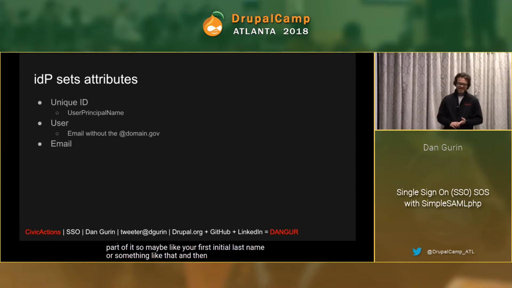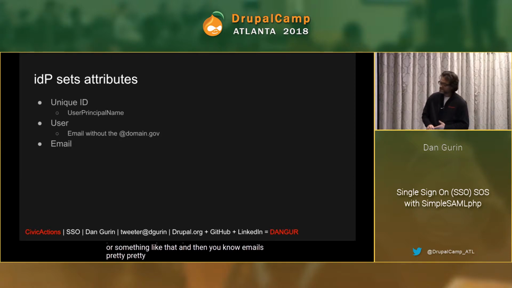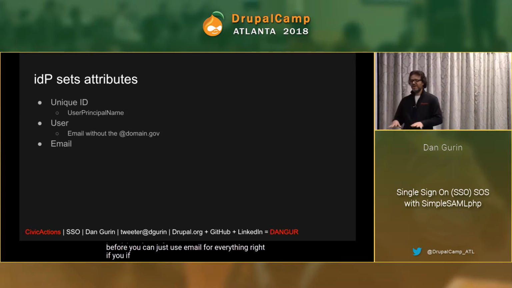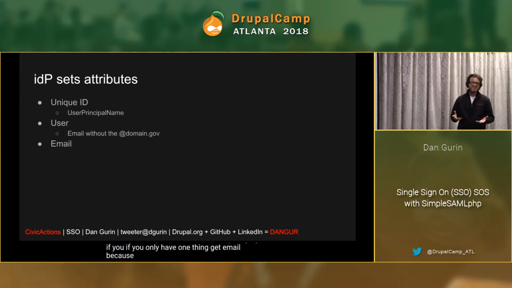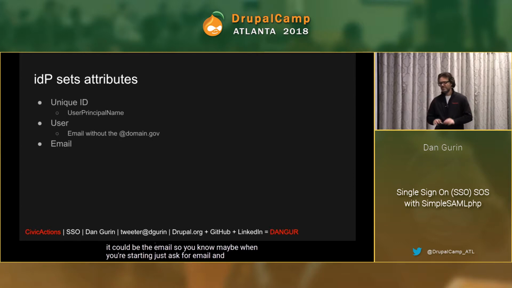And then email's pretty straightforward. I think I said before, you can just use email for everything, right? If you only have one thing, get email, because it's possible to run it like that. It can be the unique ID, it can be the username, and it can be the email. So maybe when you're starting, just ask for email, and test on that first.